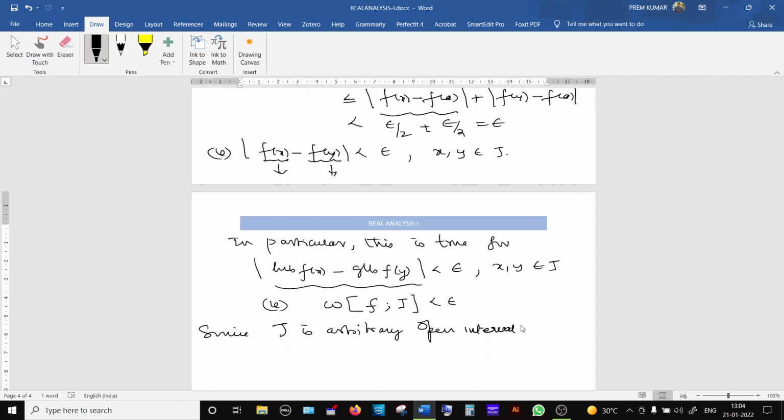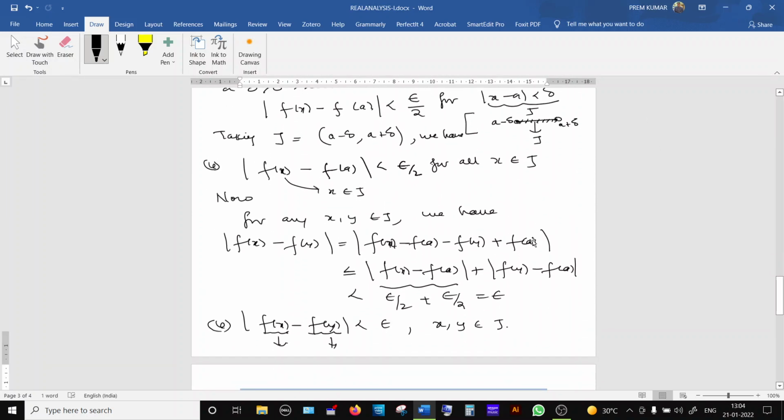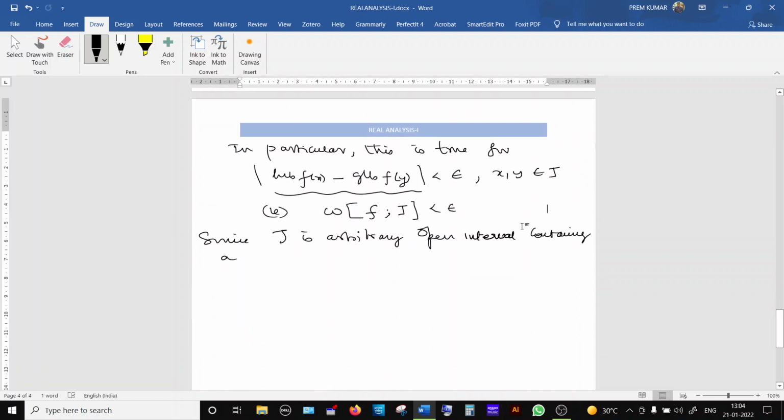J is an arbitrary open interval containing a. J definitely contains a somewhere here, it is an open interval, and more important, it is an arbitrary one containing a.